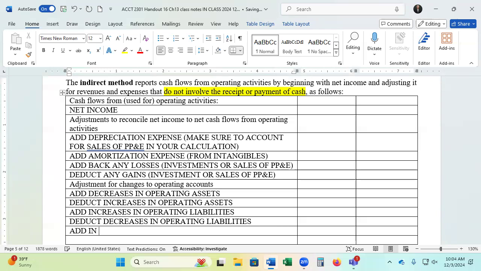You would add increases in taxes payable, making sure to reconcile DTA or DTL.